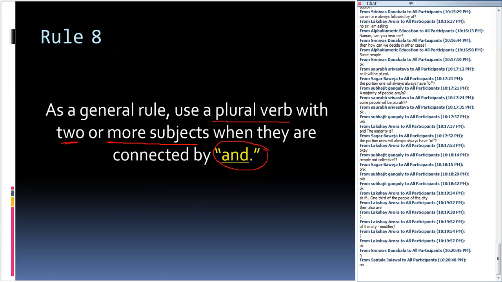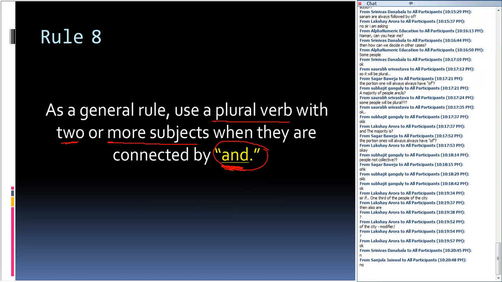It is immaterial whether both the subjects are singular or both are plural or one is plural, one is singular. The moment the connection is with the word and, जैसे ही and से होगा ना तो फिर आपको plural verb use करना पड़ेगा, चाहे दोनों subject singular हों, दोनों plural हों या उनमें से एक singular हो एक plural.